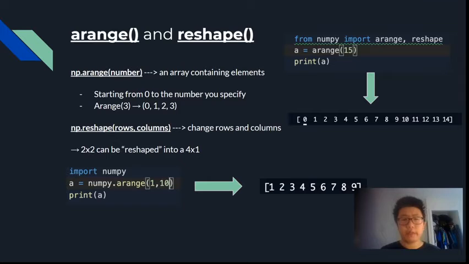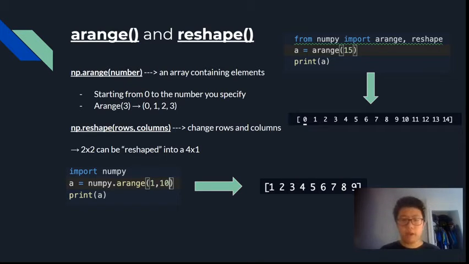What if you want to create an array of consecutive integers in a certain range? Well, arange provides that functionality. It has two parameter orientations, one being a single integer parameter orientation, the other being a two-parameter orientation. The one integer parameter orientation allows you to create an array starting from 0 and ending at the number you specify.